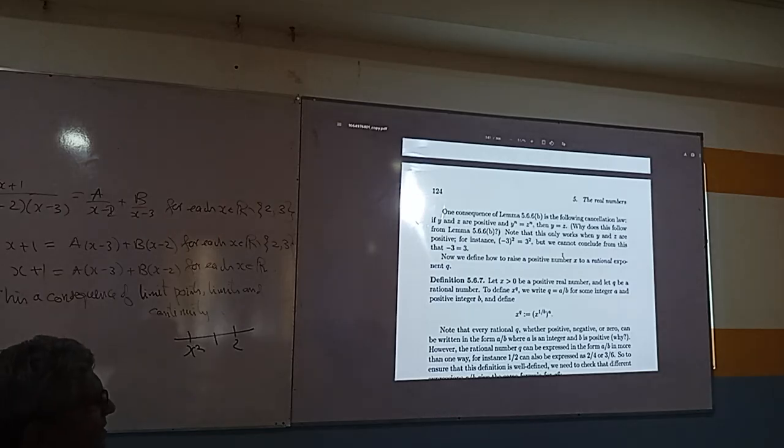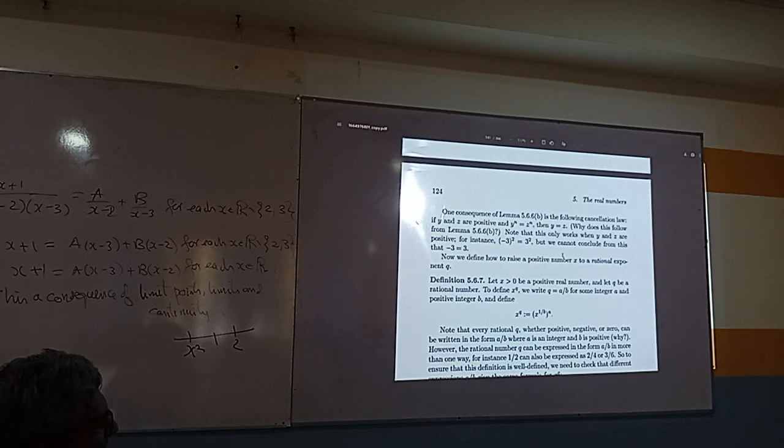Let x greater than 0 be a positive real number and let q be a rational number. To define x to the q, we write q equal to a over b for some integer a and a positive integer b. And define x to the q as, we know the meaning of x to the 1 over b, then x to the 1 over b raised to the power a.